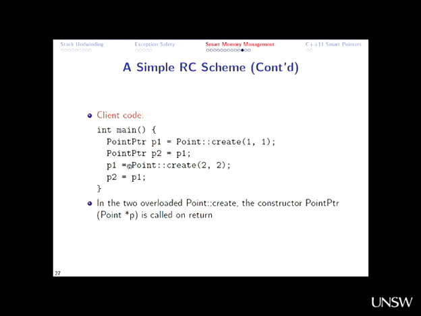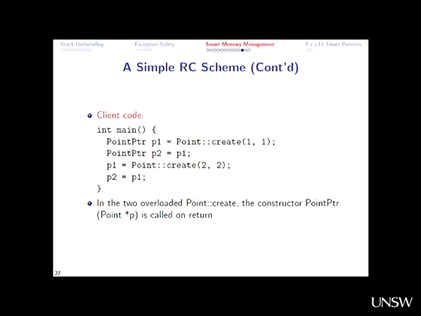Now, because this is copy assignment, point pointer P1 is currently pointing to our first point object that we constructed. I really should draw this as a diagram, but I don't have a whiteboard. That's going to decrement the reference count to that first object.